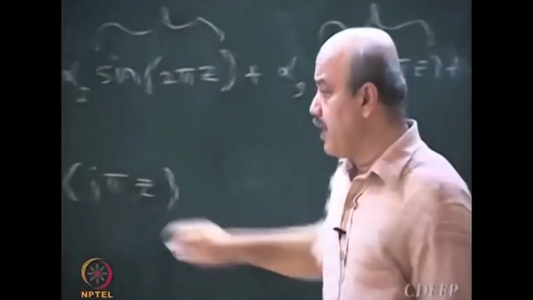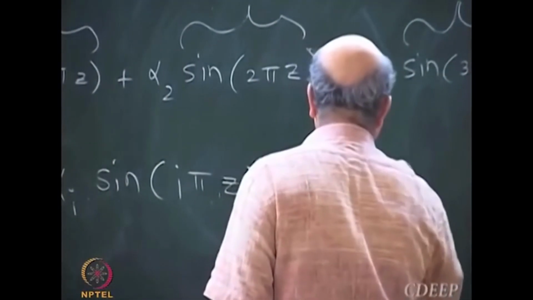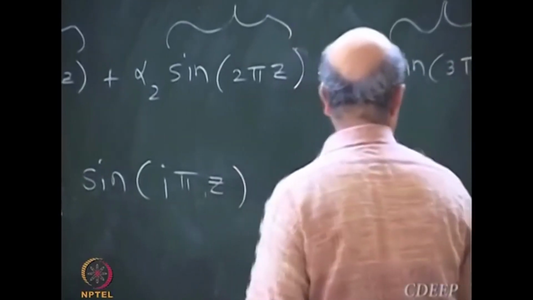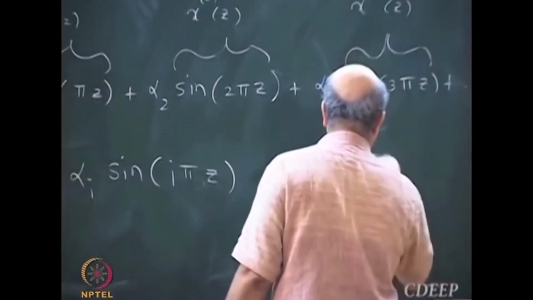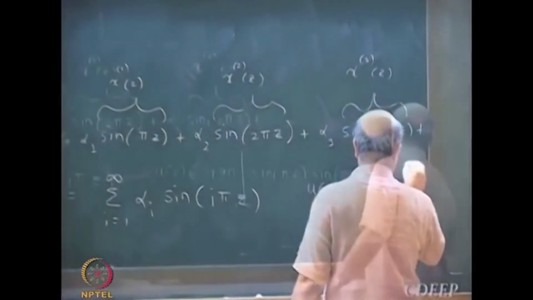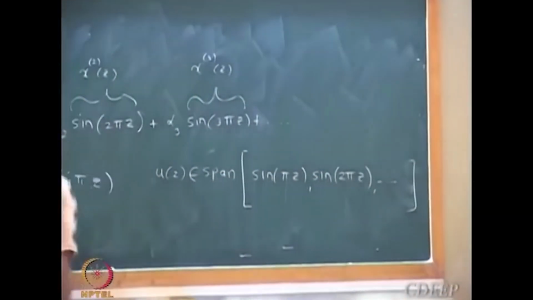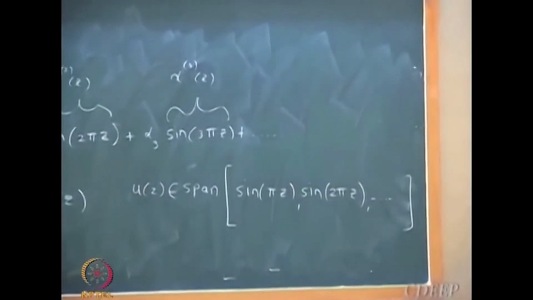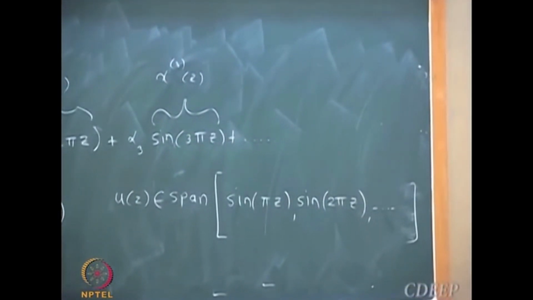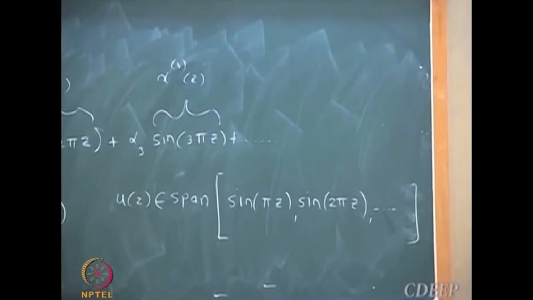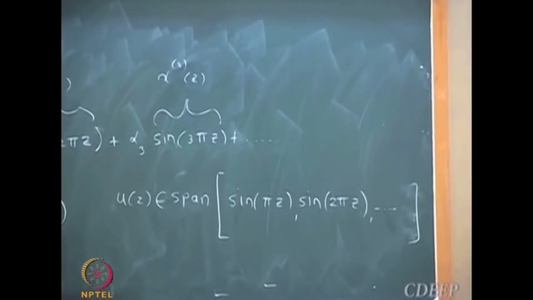But the point that I want to make here is that UZ actually belongs to the span of this set of vectors. Span is a very, very important concept that we keep requiring everywhere, not introduced just for the sake of it.